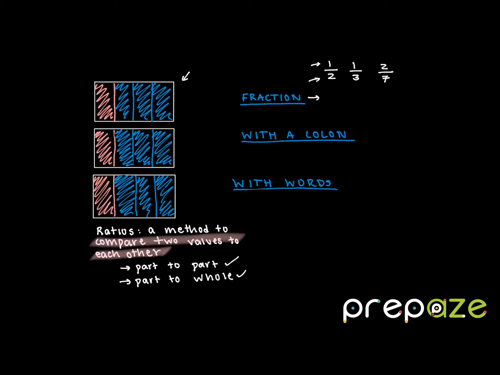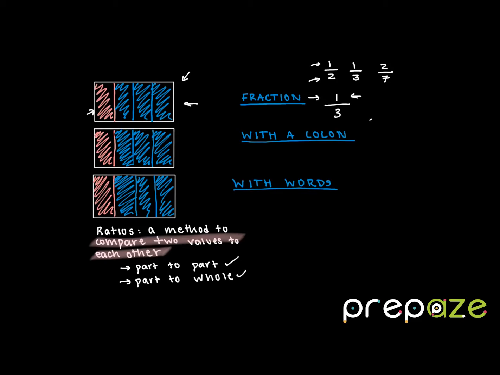So now let's say that I want to write a ratio that's saying the number of pink parts to the number of blue parts. Well, what that line represents is where I'm going to distinguish between my separate quantities. So 1 pink part over 3 blue parts. And what this is saying is for every 1 pink part that I have, I'm going to have 3 blue parts.